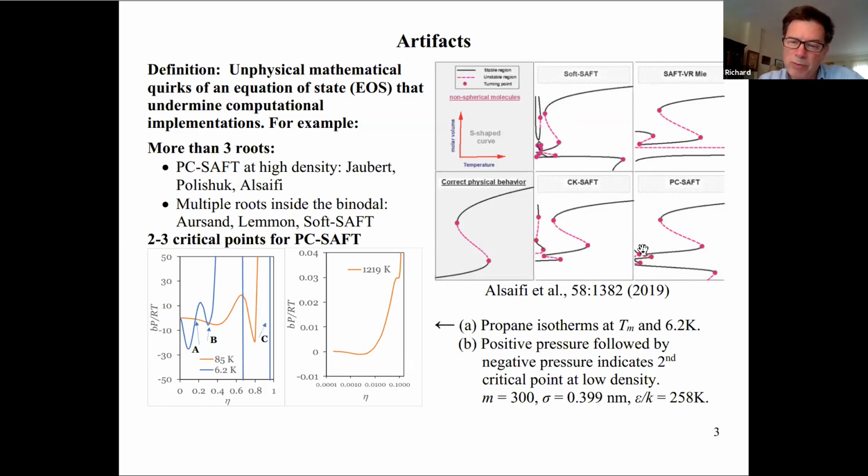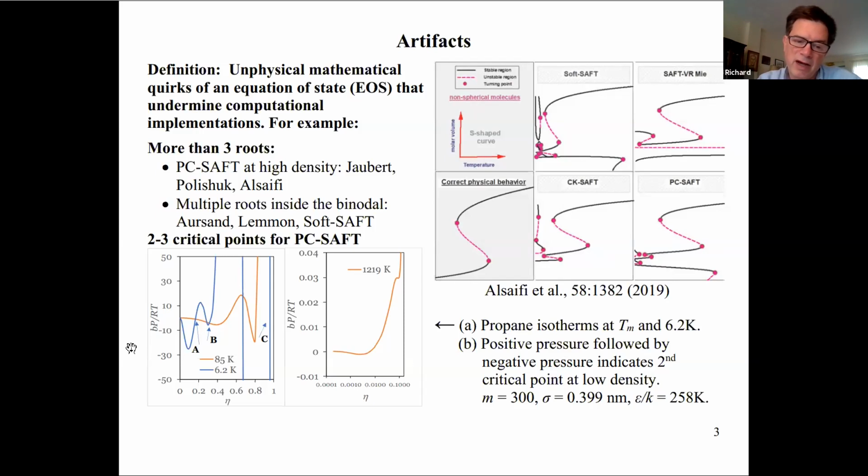What we're plotting here in terms of the artifacts is the identification of multiple liquid roots, where those roots in volume are as a function of temperature at a constant pressure.